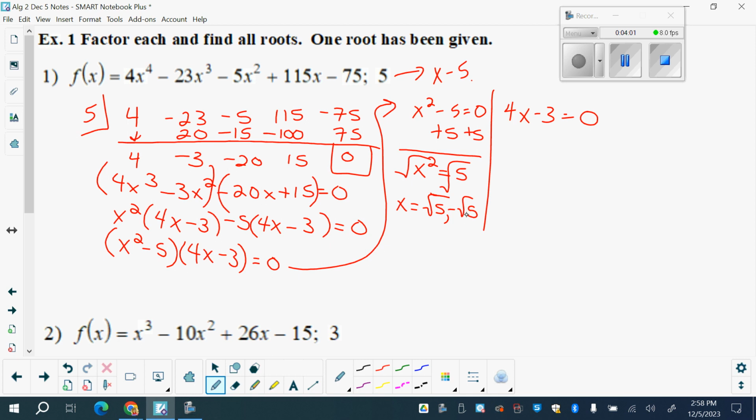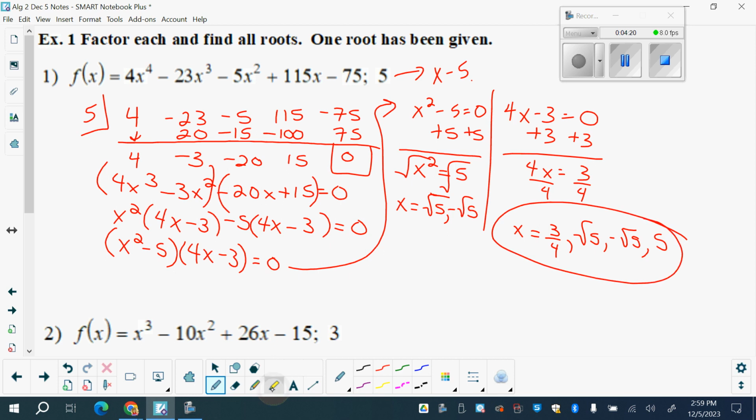And then solve for x here, and we get 3/4, square root 5, negative square root 5, and then also the 5. Easy to forget that root that's given. Okay, there's 4 roots, and the degree is 4, so it matches. That's what we want.